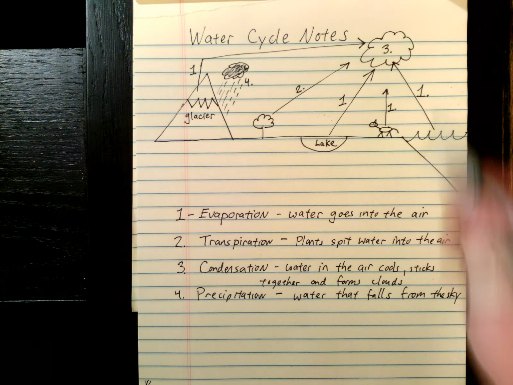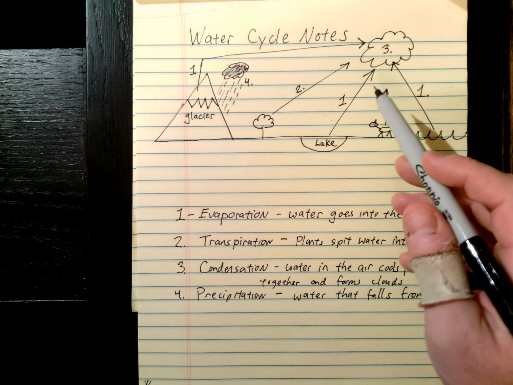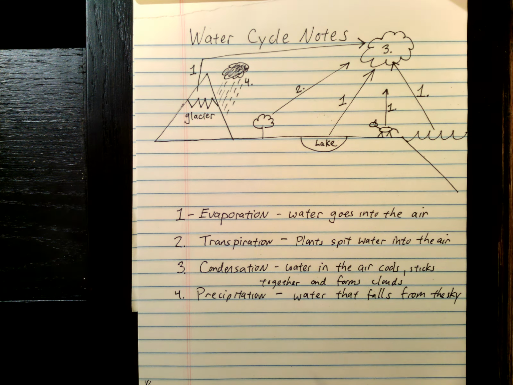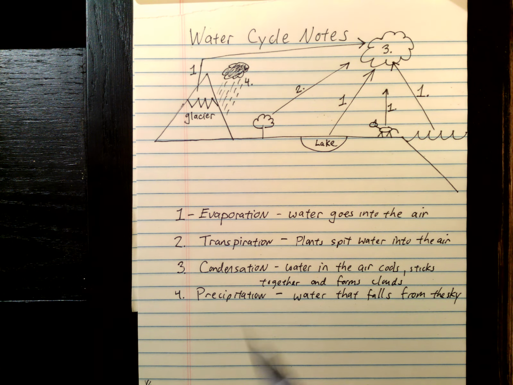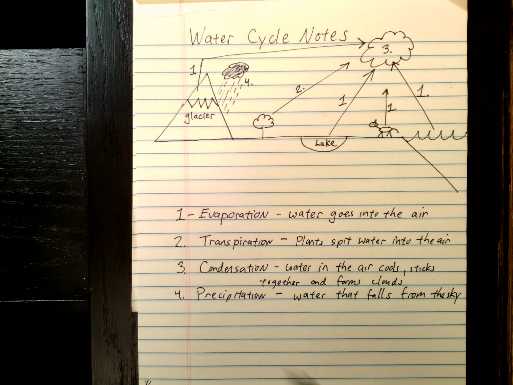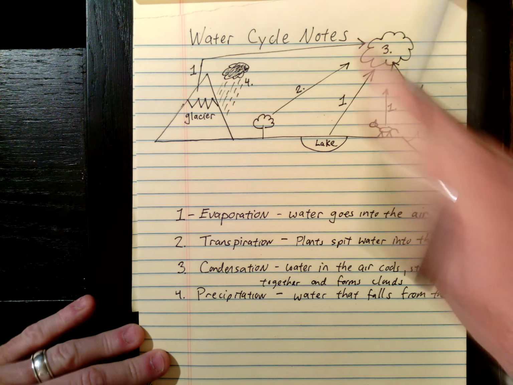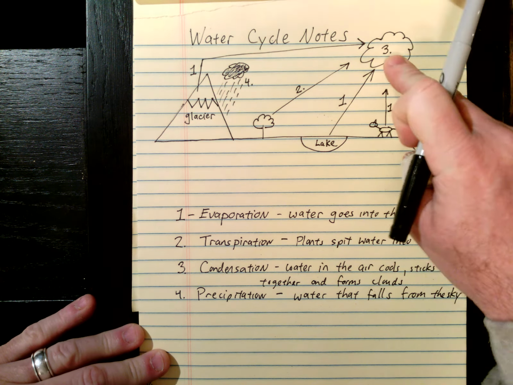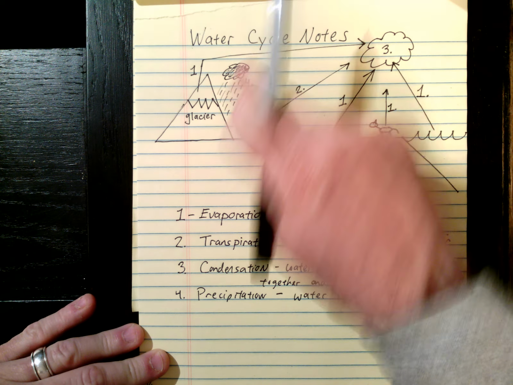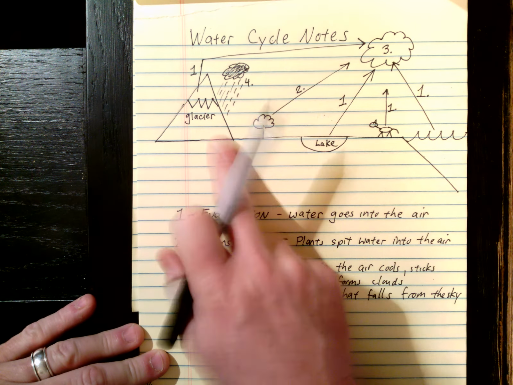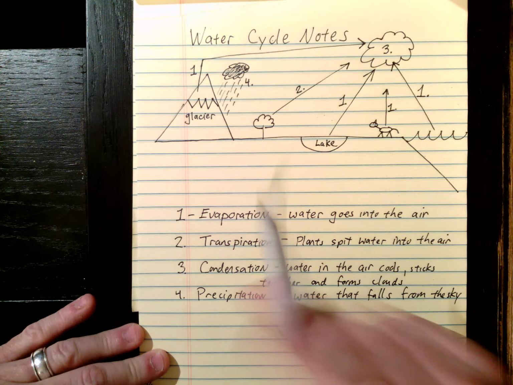And then it gets put back into the water cycle a different way. But there is a name for the process by which water moves across the surface. Now, we know what this is. We know this is evaporation. It's going this way. We know that coming down is precipitation. But moving across the surface has a name.